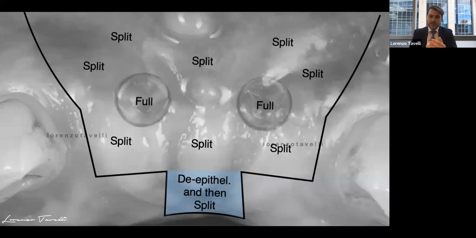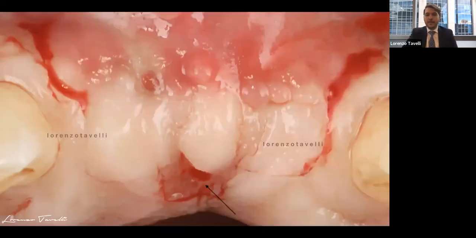If I create this small, what we can call rotated papilla or pedicle, if I de-epithelialize, I can basically do a papilla technique or roll technique and try to see if I can increase this dimension of the soft tissue at the area of the peri-implant papilla.